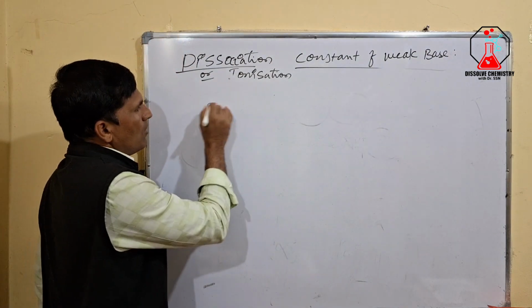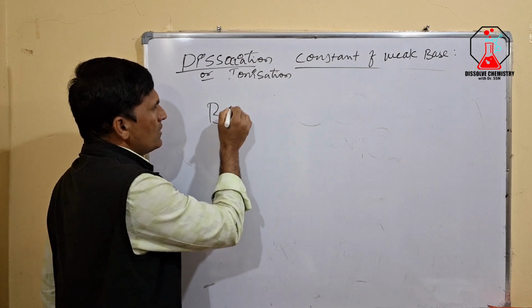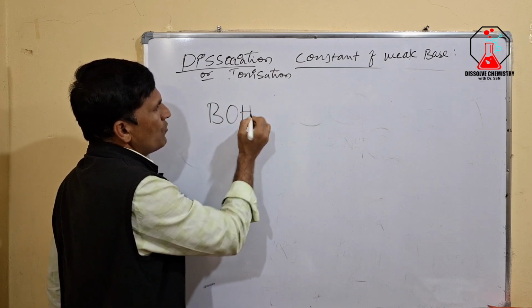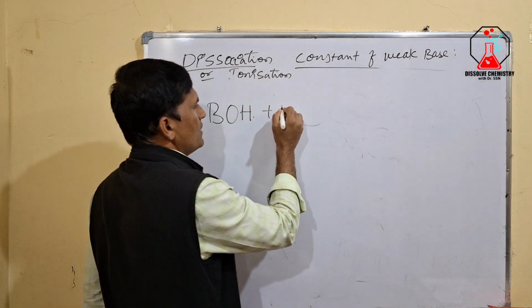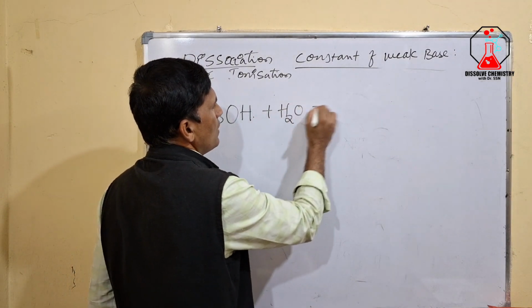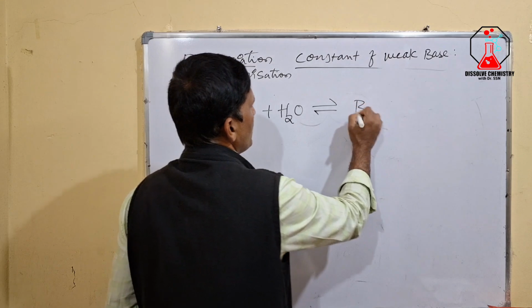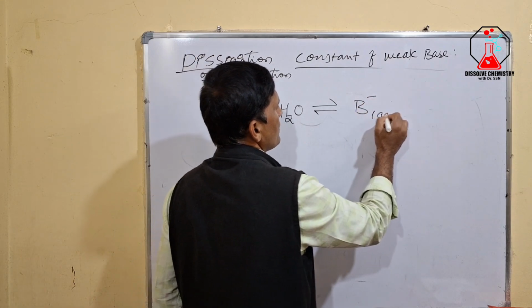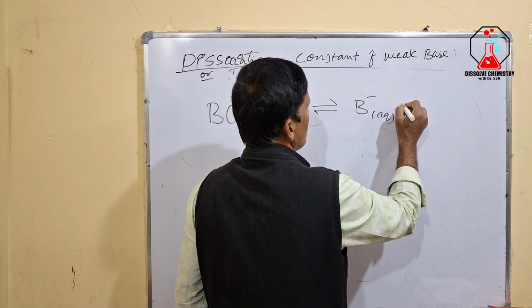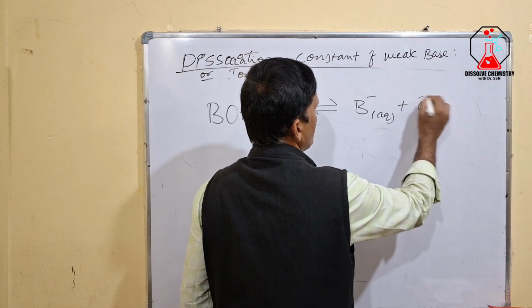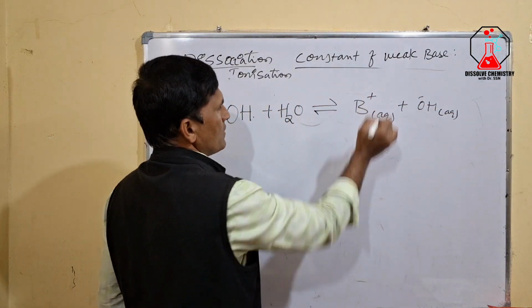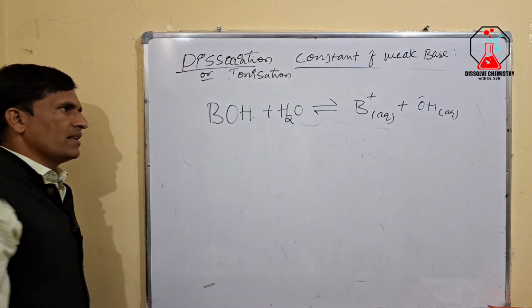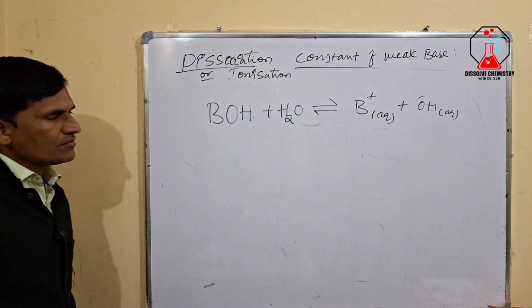We will take a general example, BOH. When you dissolve this in water, it undergoes partial ionization to give B plus aqueous and OH minus aqueous.